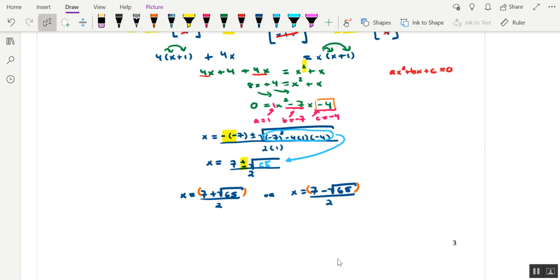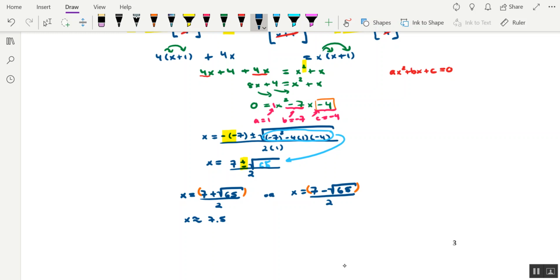But with the first value of x, let me tell you what the approximate value is going to be. So 7 plus the square root of 65 all over 2 is approximately 7.5. And keep in mind that these are time values, and in this problem, time is given in terms of hours.